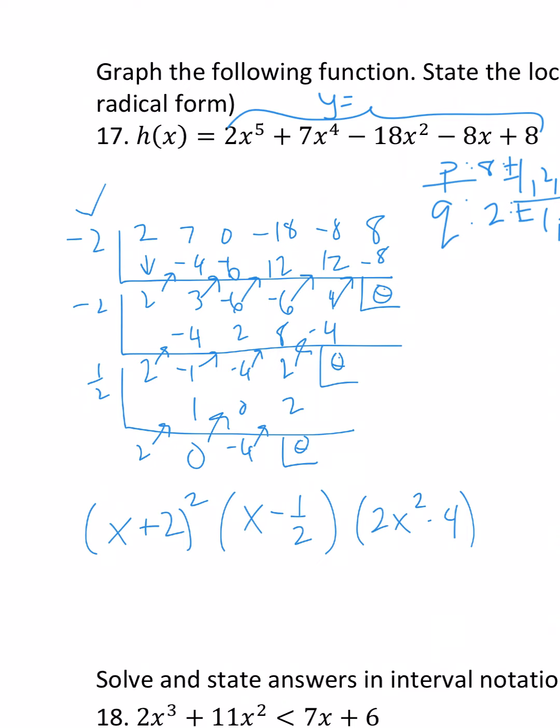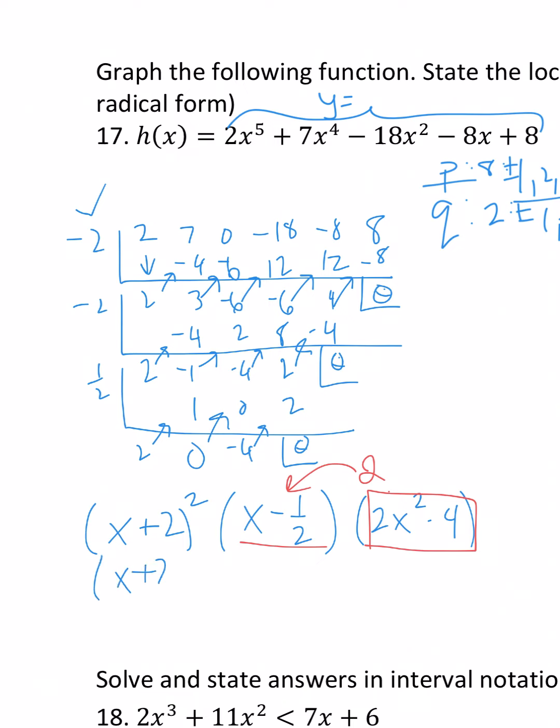Now, we don't want to really leave this as x minus 1/2, so there is a way we can rewrite it, but we can actually use the fact that this has a GCF of 2. I'm going to take out the GCF of 2, and I'm basically going to distribute it into this function.